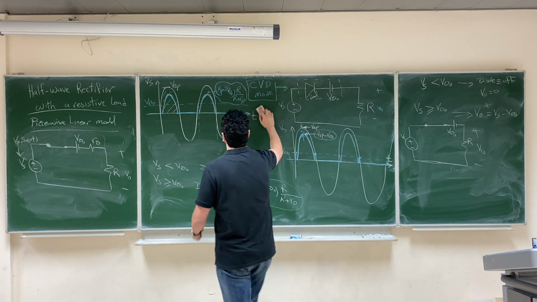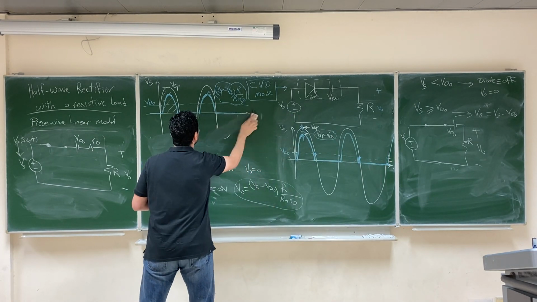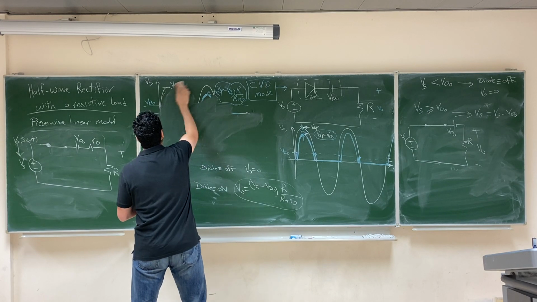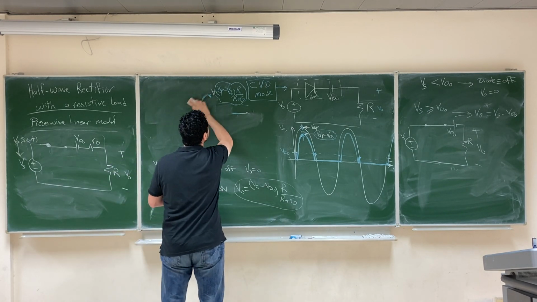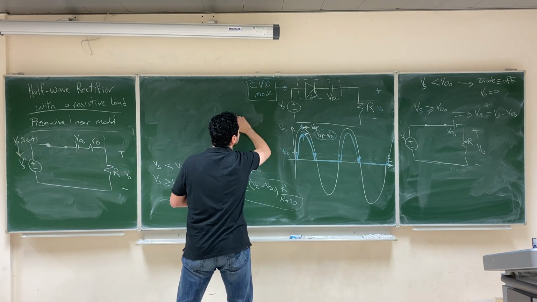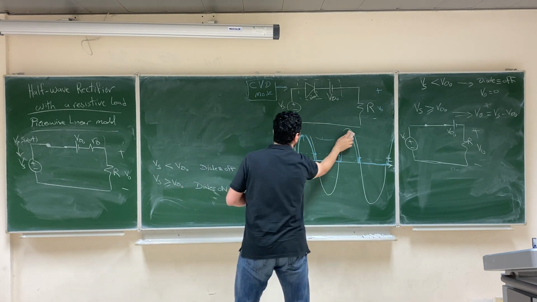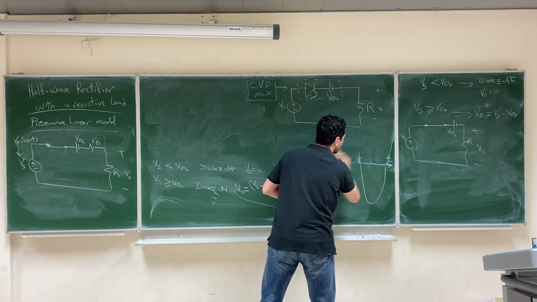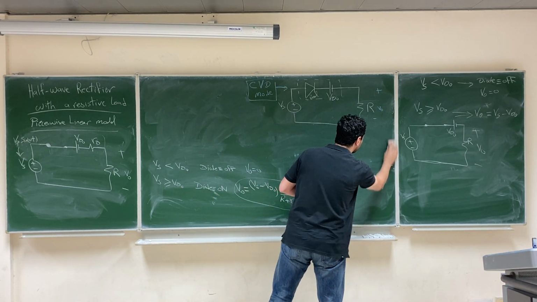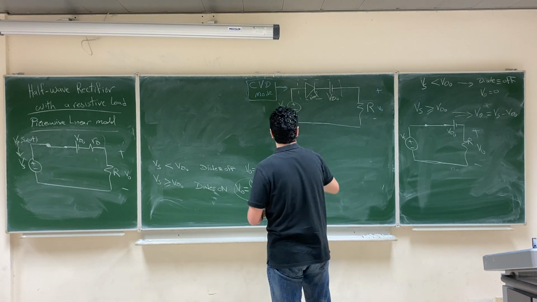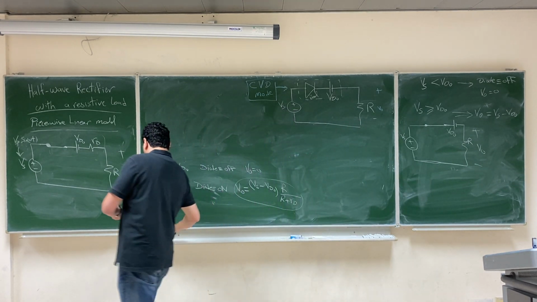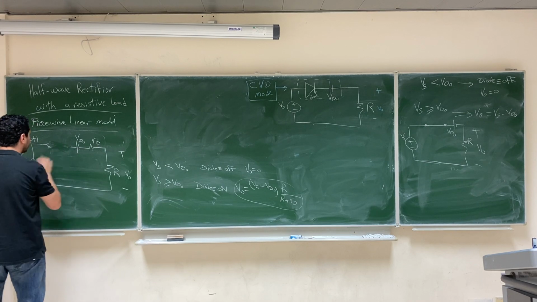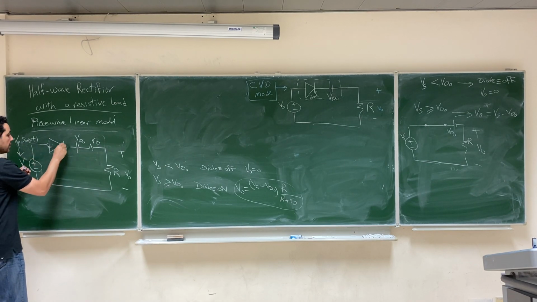Let's remove the curves for now. I just want to keep the circuits. Let's go back to the original circuit here. We had an ideal diode, right?